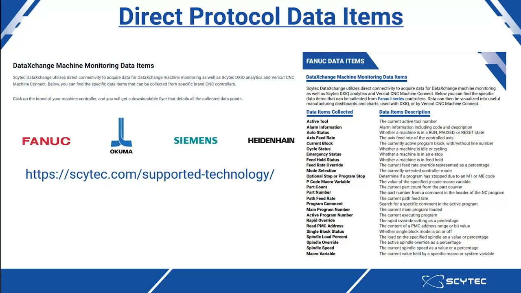So with active tool, that retrieves the current active tool number. And you can see there's a whole host of other things that are able to be reported, such as alarm information, cycle status, feed rate overrides, part counts, part numbers, path feed rates, rapid overrides, spindle overrides, as well as spindle speeds, and a bunch of other different data points.